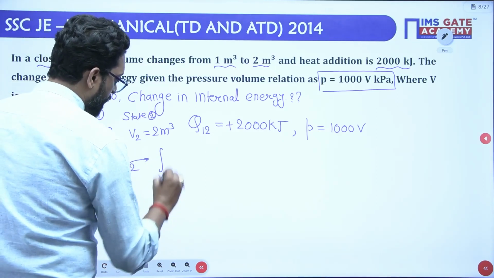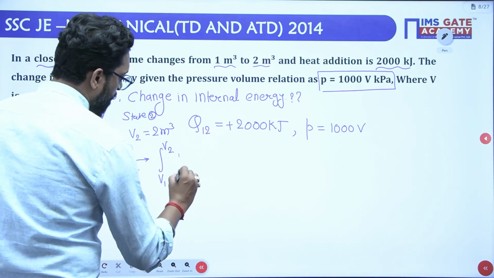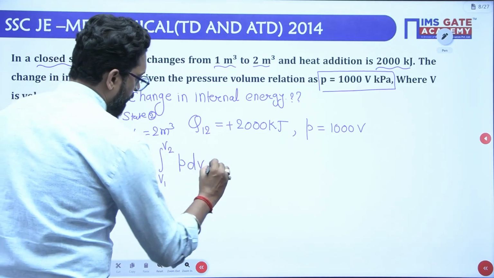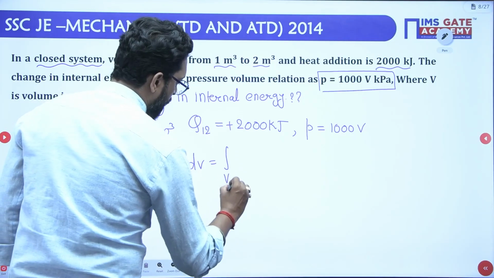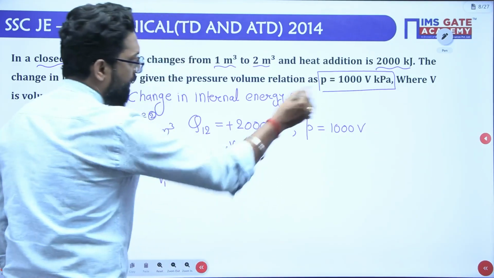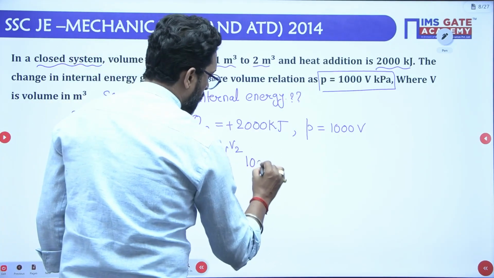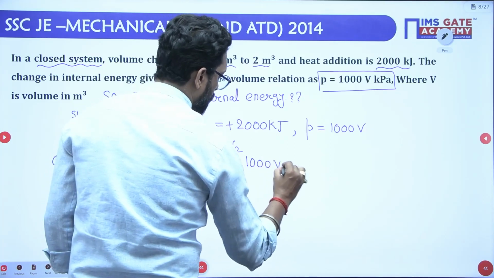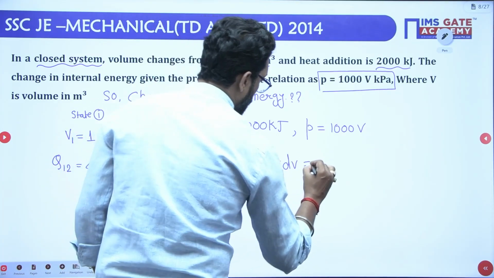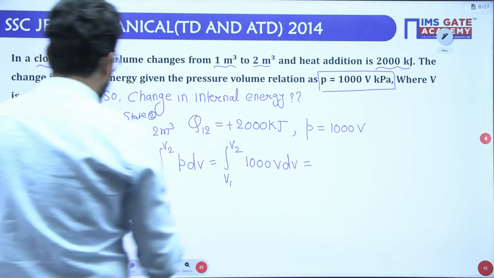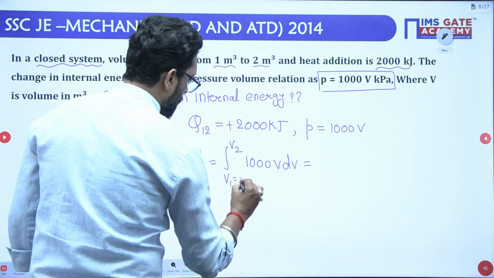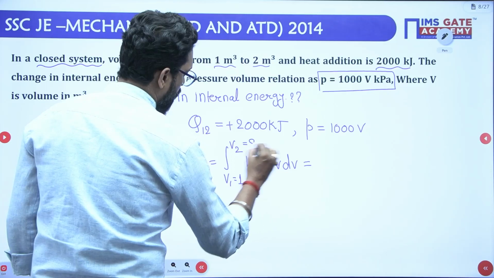Integration V1 to V2 P dV, with pressure 1000 into V dV. V1 is 1 meter cube, and V2 is 2 meter cube.